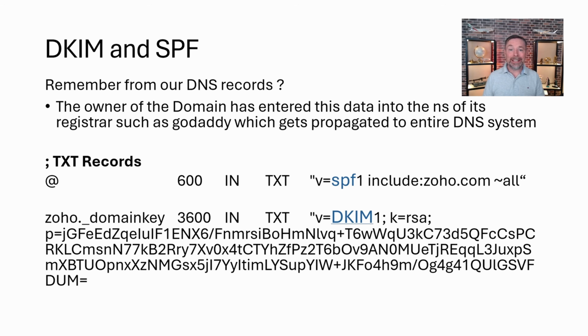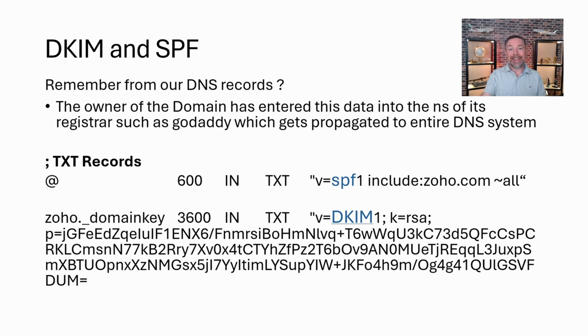So let's talk a little bit more about DKIM and SPF. From earlier in our series about DNS, we discussed this briefly. The DKIM and SPF records have to be entered manually by the owner of a domain into the name server of the person who sold them that domain. So for me, CyberIrishman.com, I have to go to GoDaddy and manually enter these DKIM and SPF details into the DNS records on the name servers of GoDaddy.